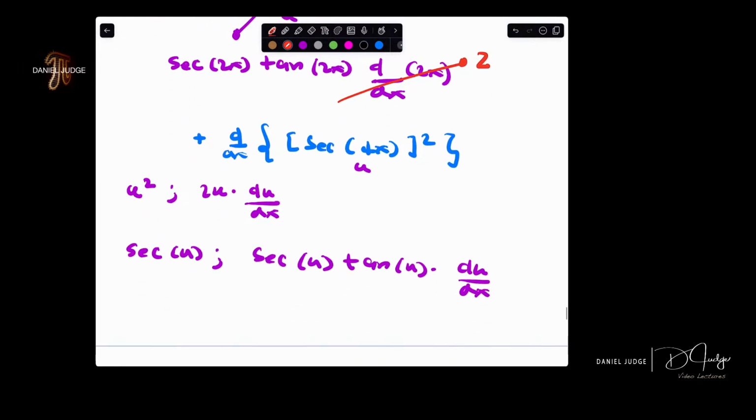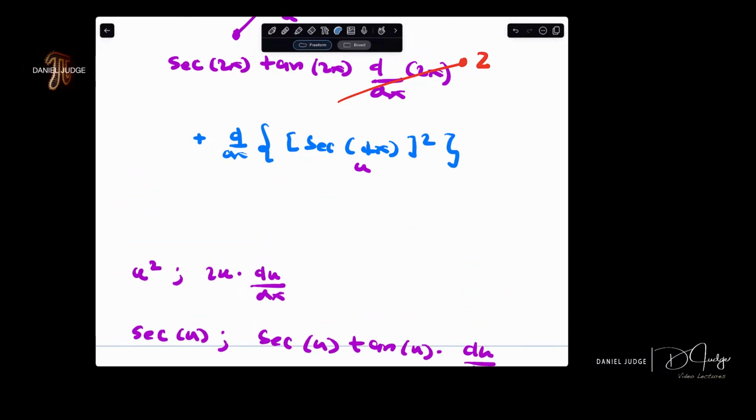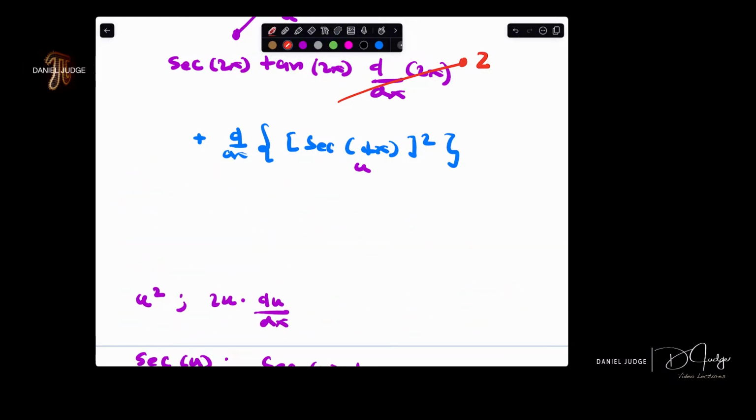You repeat the process with secant of 4x raised to the second power. So this becomes secant 4x tangent 4x, times the derivative of 4x, and this is going to be the number 4.